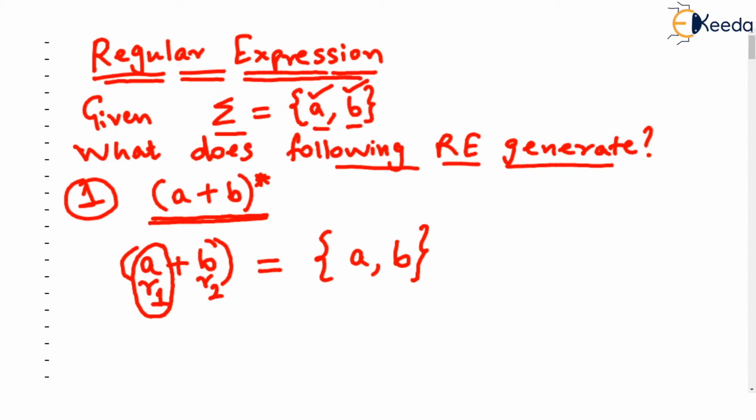Check that b is also a regular expression. Then the union, that is the OR of the two regular expressions, is itself a regular expression, isn't it? So which strings will be accepted by a + b? Well, those strings which obey the rule of R1 or those strings which obey the rule of R2.